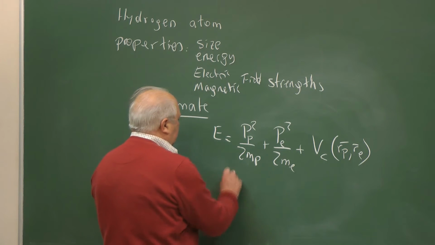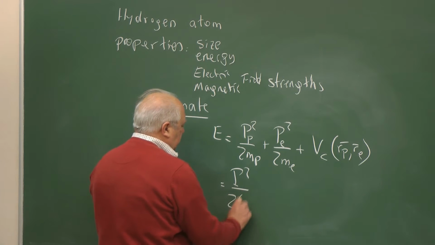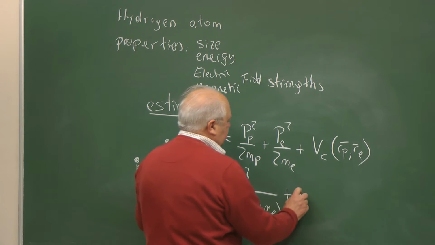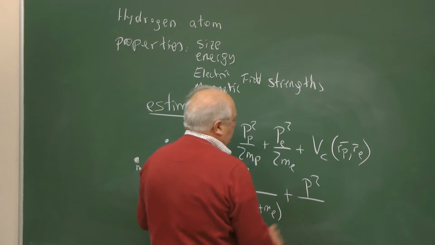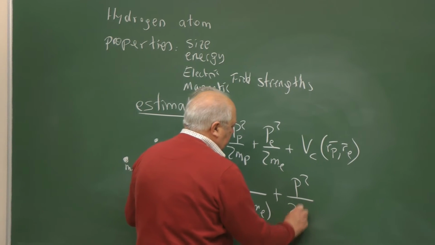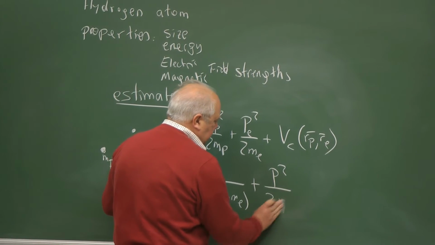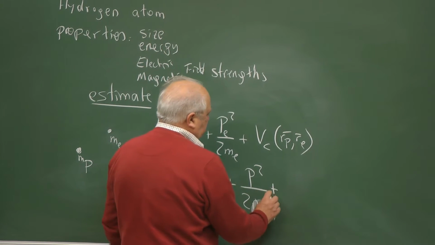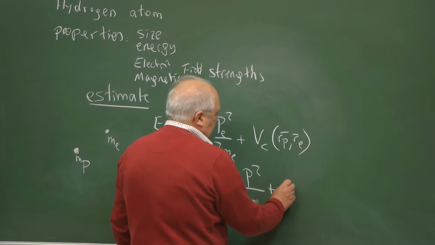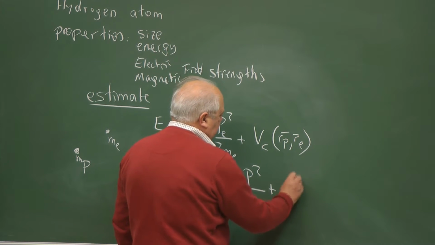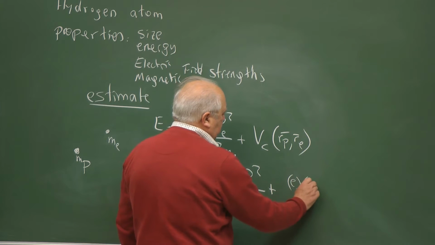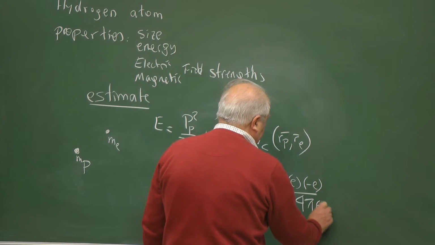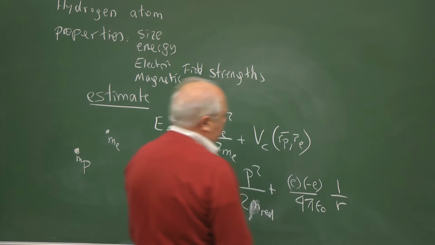So let's write P squared over 2(m proton plus m electron), plus relative momentum squared over 2 m reduced, plus the Coulomb interaction, which is e times e, that's for the proton, that's for the electron, divided by the distance between the two.